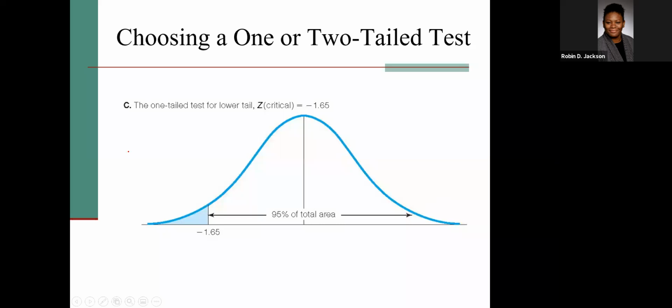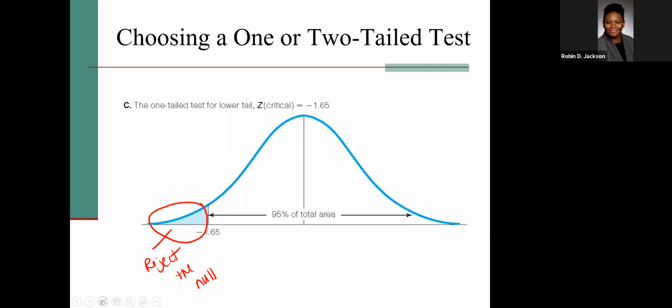And it's the exact opposite when it's a one-tail test for the lower tail. This is what the normal curve would look like if the hypothesis is that the population mean is lower than the value stated in the null hypothesis. So again, this area right here, shaded in blue, that's what you want. That basically means you reject the null.